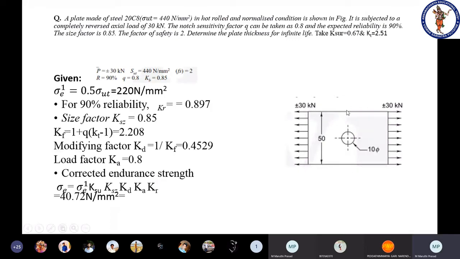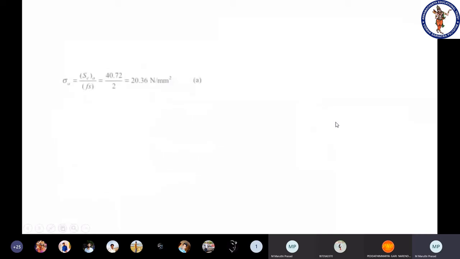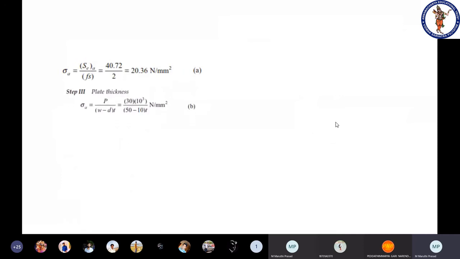With respect to this critical section, the width is W minus d, into thickness, which gives us the area. So the stress amplitude for that plate is P divided by W minus d into t. P is 30,000, W is 50, d is 10, into t.